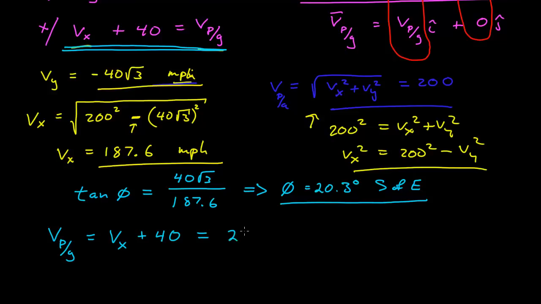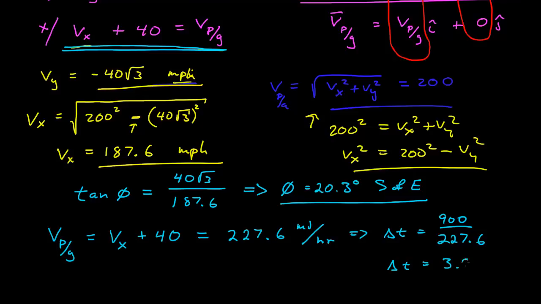So that's 227.6 miles per hour. And now if I just do the time interval, then it is the distance, 900, divided by the speed, 227.6. And I'm in hours, so I kept my units consistent throughout, 3.95 hours.